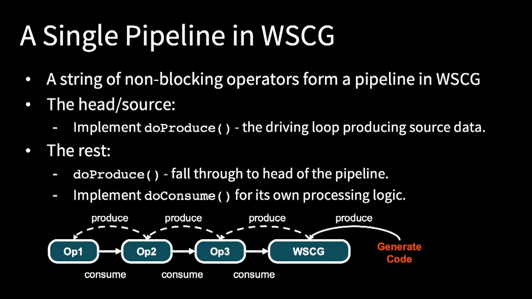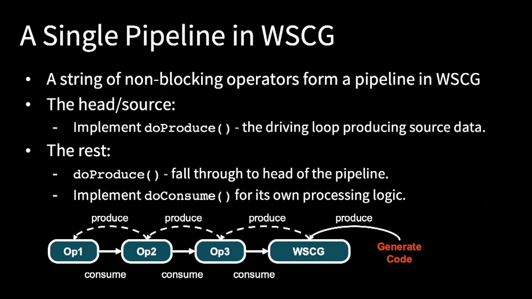So let's first take a look at the case of a single pipeline in the whole stage codegen node. The source operator, which is the beginning of the pipeline, will implement the produce method as a driving loop that produces the source data. This can usually be a table scan or an input RDD reader that reads from an existing RDD. And all the other operators in a pipeline are non-blocking operators like filter or project.